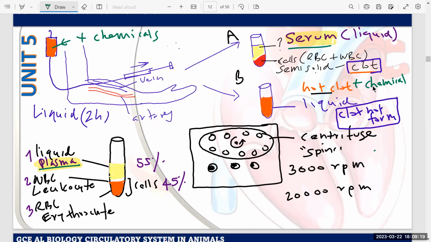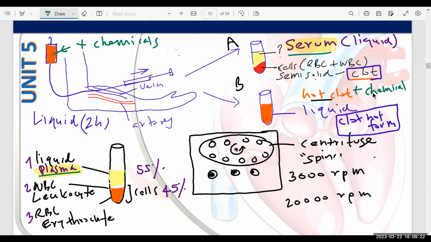Okay, do you have any question about this, the main composition of blood?